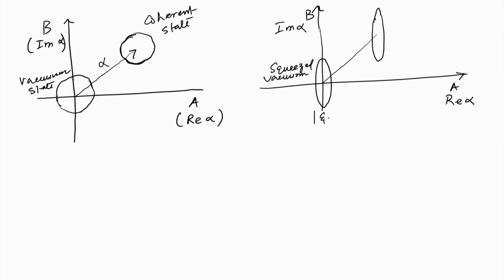So, we have simply written it as xi, and again this is operated upon, and one gets a coherent squeezed state. And this is given as alpha xi according to the definitions that we have given. So, this is more or less the introduction to coherent states and squeezed states.